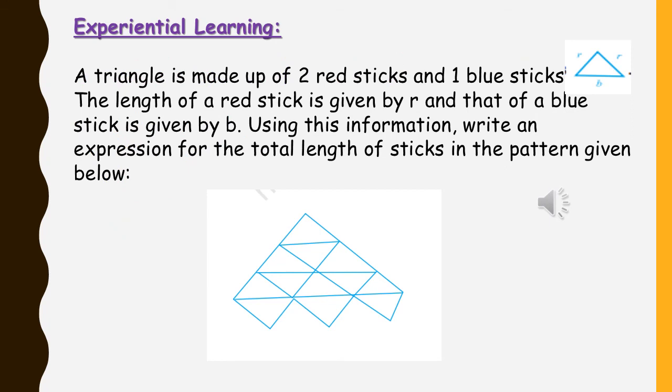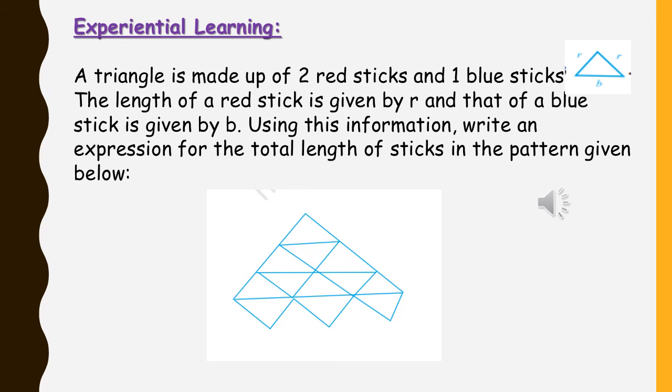Let us now solve this problem. A triangle is made up of two red sticks and one blue stick. Look at the diagram given beside. Red sticks are given above and blue sticks make the base of the triangle. The length of the red stick is given by R and that of the blue stick is given by B. Using this information, write an expression for the total length of sticks in the pattern given below.